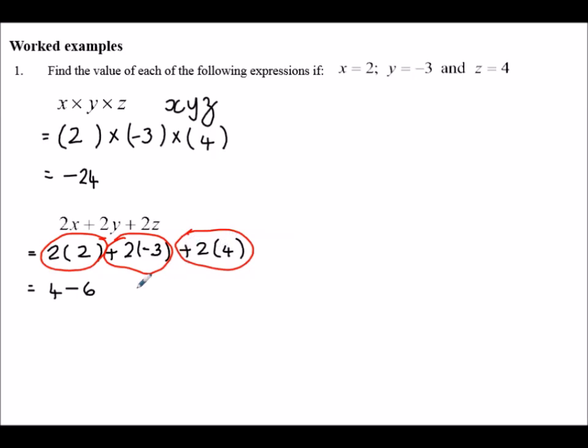A positive multiplied by a positive is positive. 2 times 4 is 8. I like to say 4 plus 8 is 12. 12 minus 6 equals 6. So that is the value of that expression when x is 2, y is -3, and z is 4.